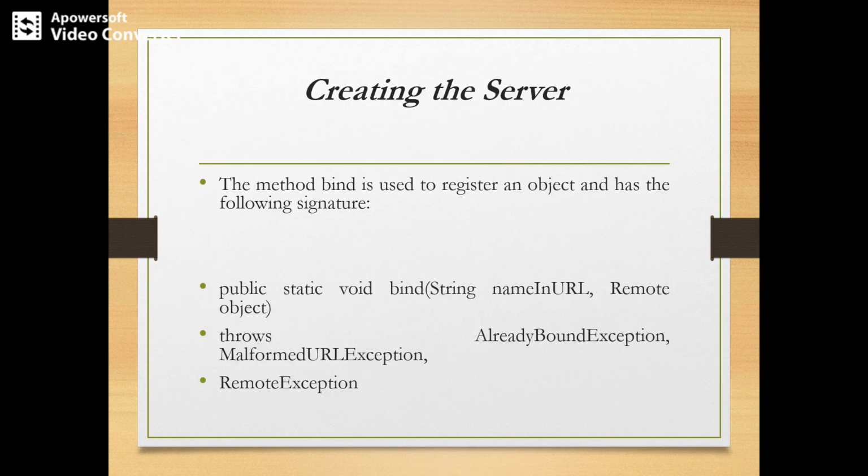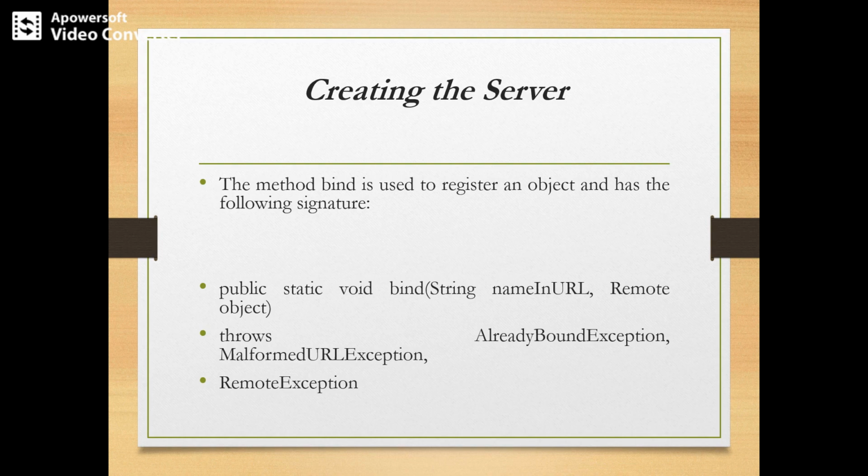Before a remote object can be accessed, it must be instantiated and stored in an object registry, so that clients can obtain its reference. This is how we are going to create the server with the help of Java RMI. We should use the registry technique in Java, which helps us with a naming technology.